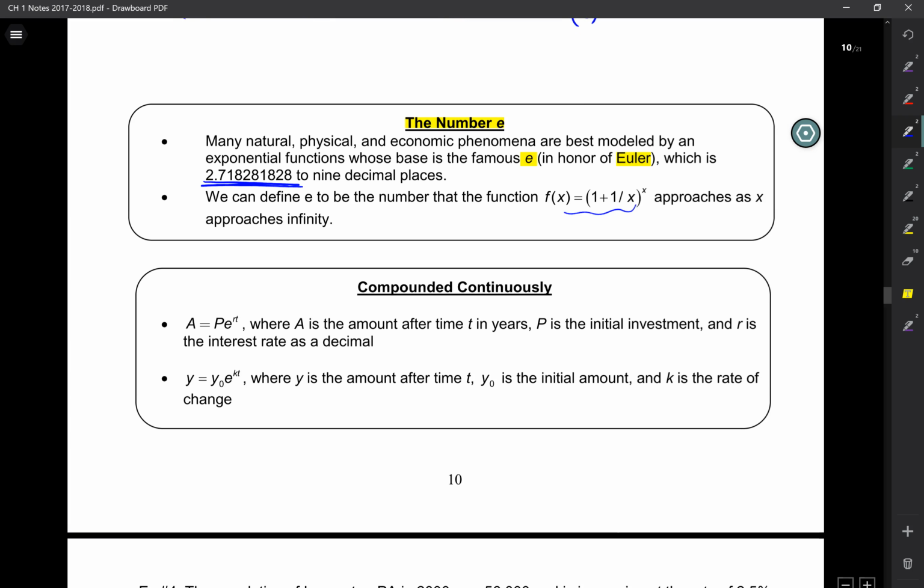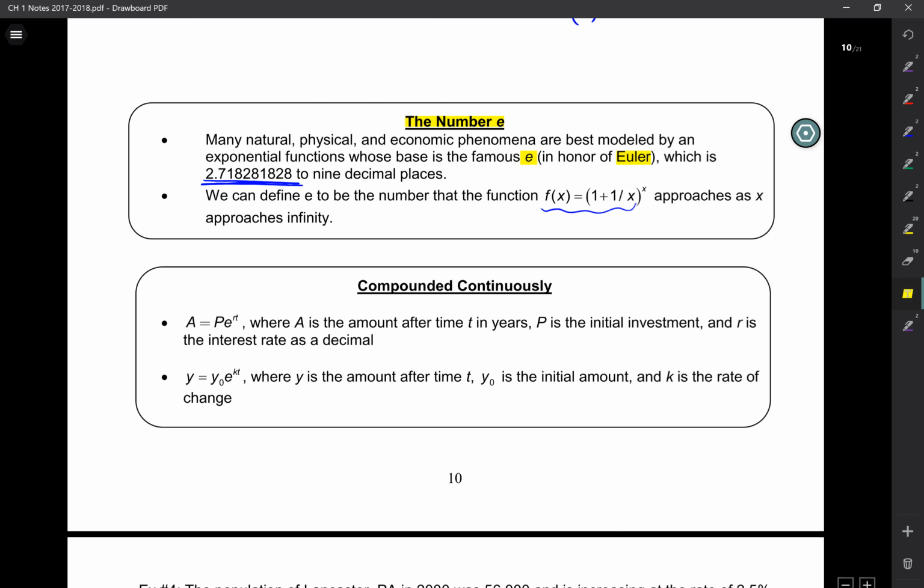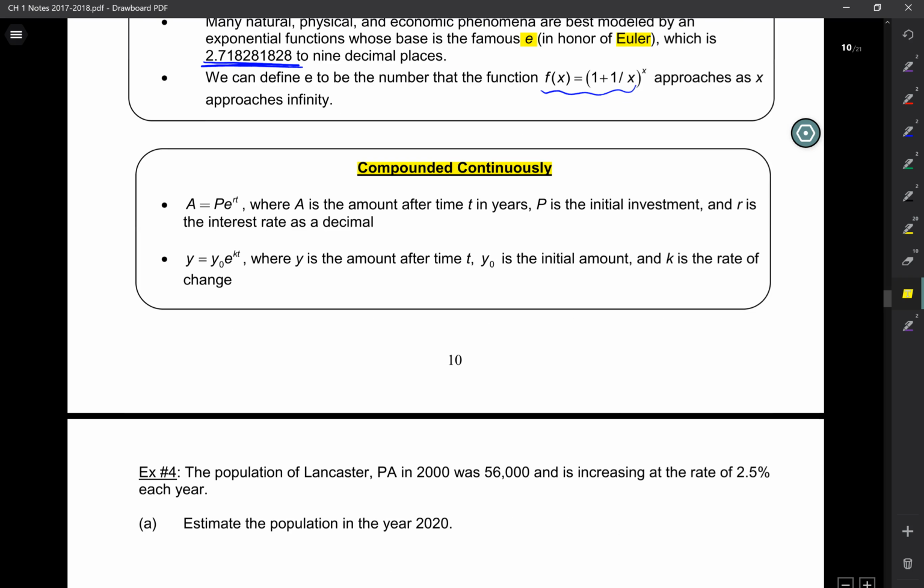In Algebra 2, we actually touch on how this comes up. It's not super, super important right now. Okay? Now, this also comes up in algebra, compounded continuously.